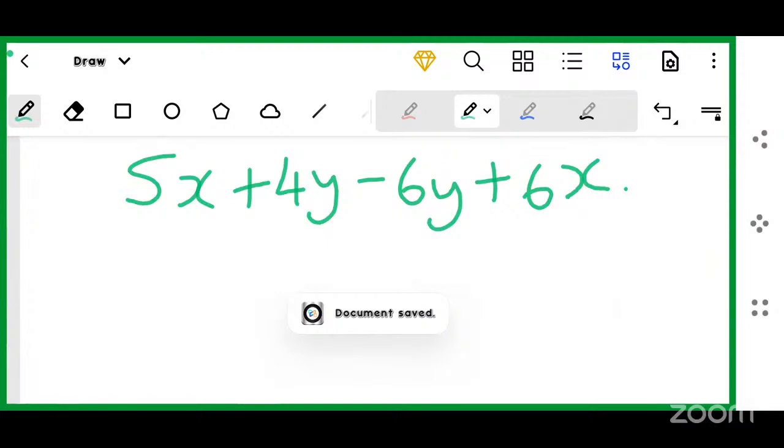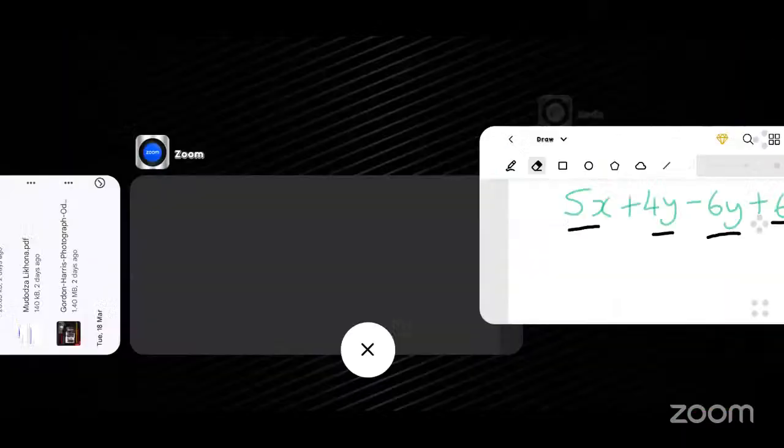Yeah, they can be opposite to each other. They can be next to each other. They can be far from each other. Sometimes you can find them after the equal sign. Okay, ma'am. The first like terms are 5x and 6x. The second one is 4y and 6y.